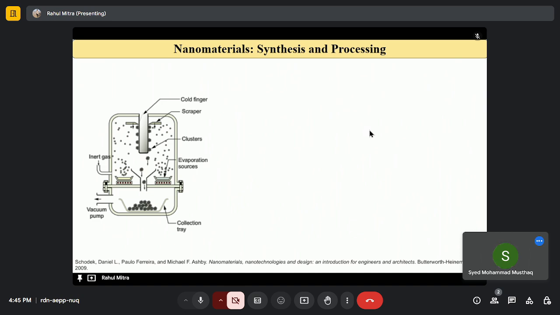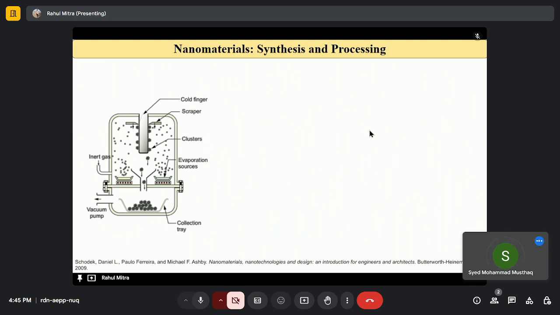And this part we have the synthesis part. In the synthesis part, I'm not going to discuss every point, but only the important points that will help you in solving assignments. And if you miss doing your assignment, so let's start. Let's begin with inert gas condensation.